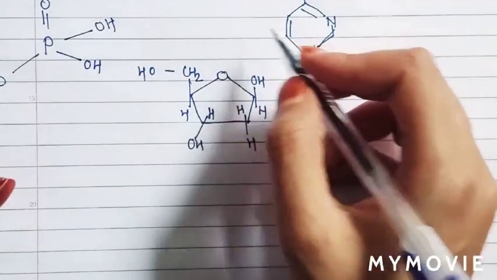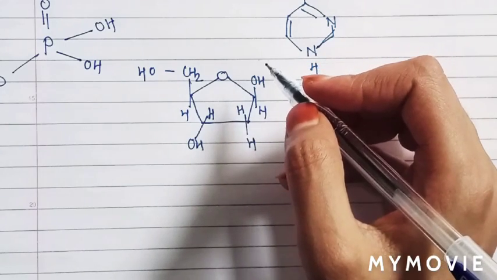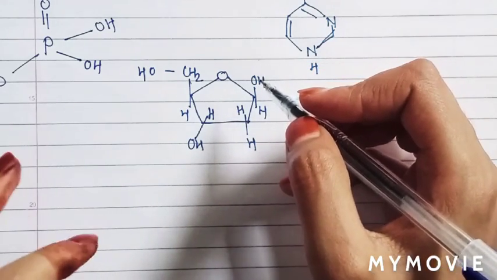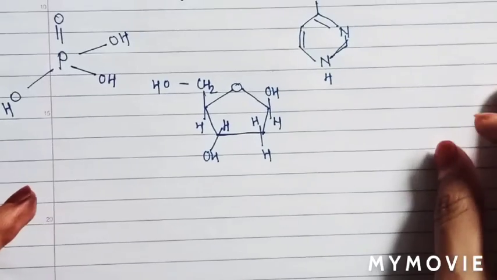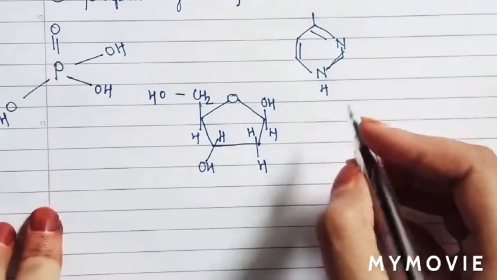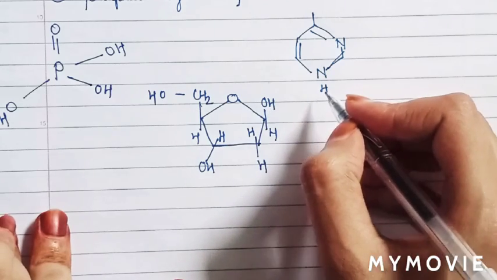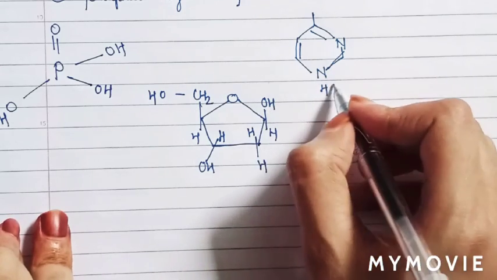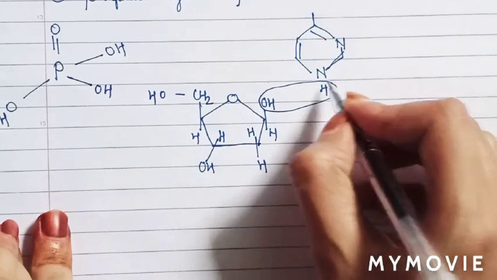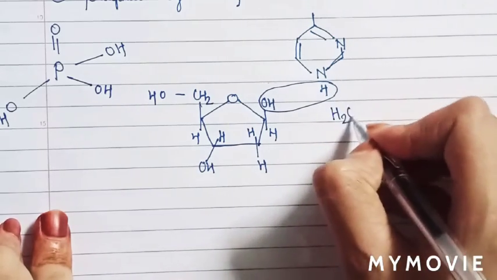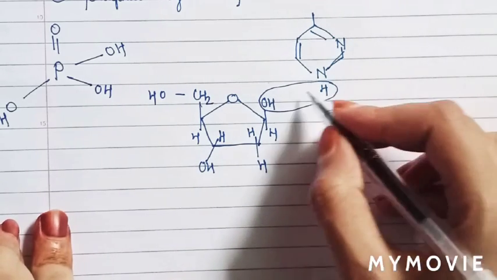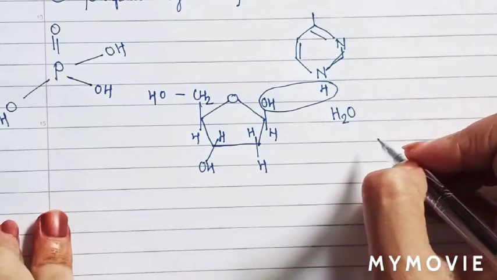Now how does this structure get formed to make one nucleotide? Here you can see the OH group and H. When these combine together, they form a water molecule, H2O, and this water molecule is removed.